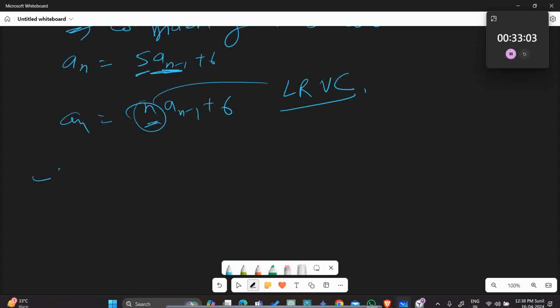So next is linear recurrence relation with constant coefficient and homogeneous. Right. Let's say a of n is equal to 5 a n minus 1 minus 6 a n minus 3.